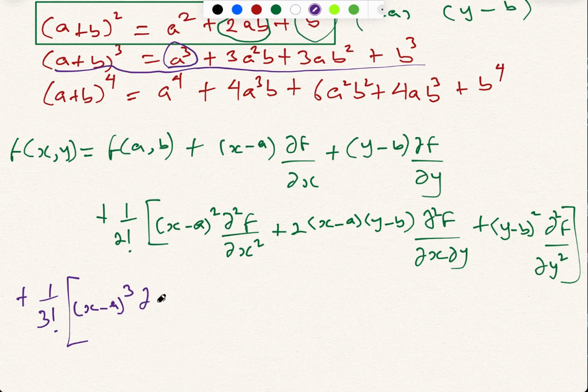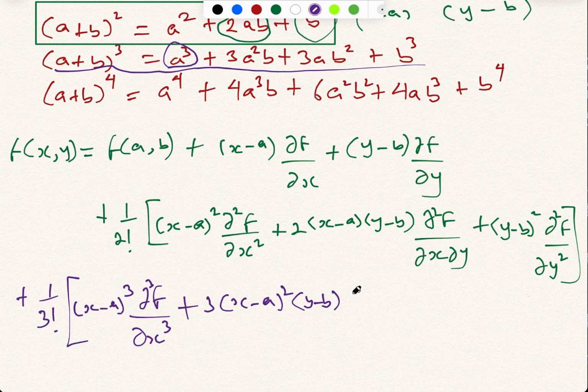And you're going to be differentiating f with respect to x 3 times, followed by 3, then x minus a squared, then y minus b.